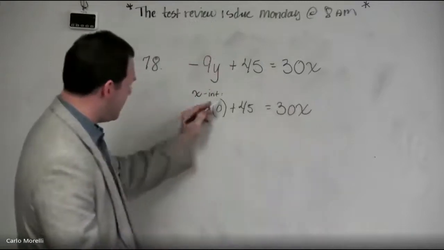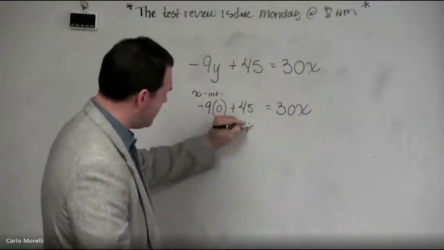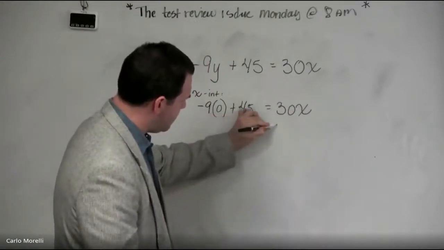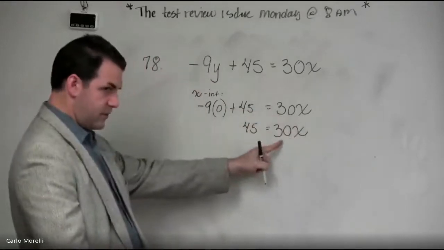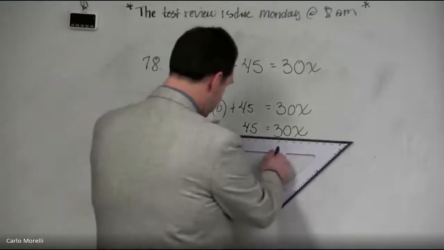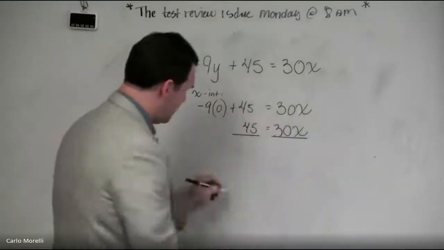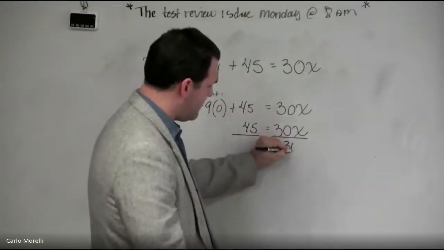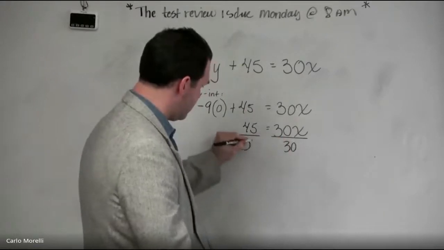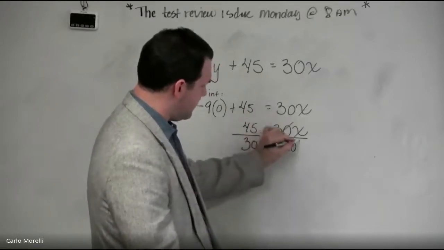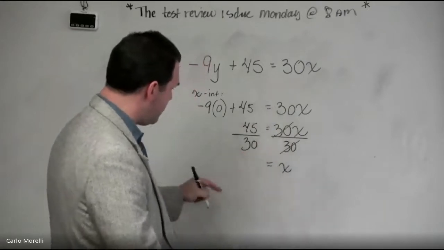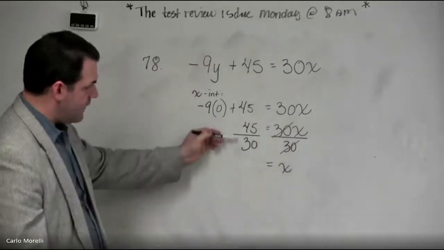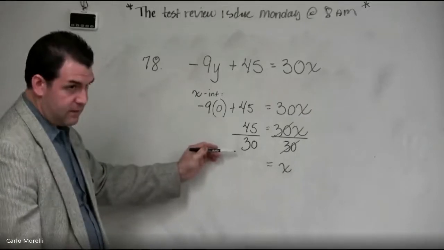Well, negative 9 times 0 is 0, so I have 45 equals 30x. So I want to divide by the coefficient of the x variable here. So I'm going to divide both sides by 30. These 30s cancel on the right, and so now reading from right to left, I have x equals, and now the greatest common factor of 45 and 30 is 15.